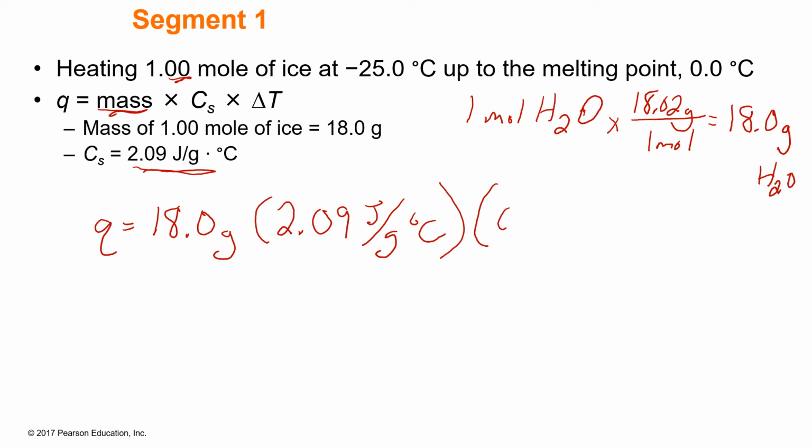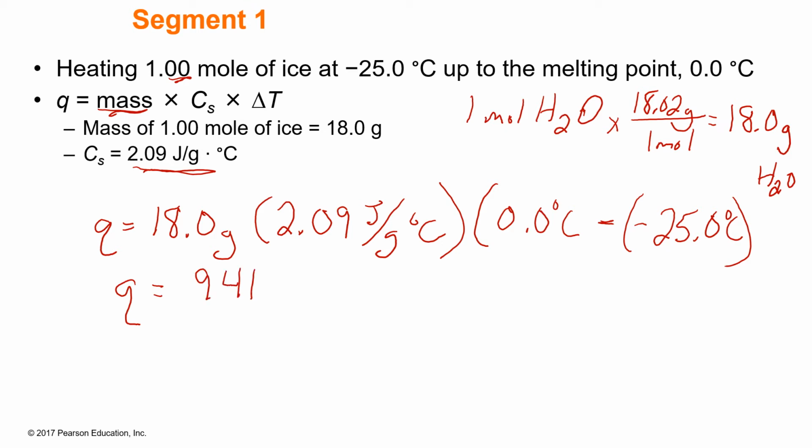Our final temperature is going to be 0 degrees Celsius, our melting point, minus our initial temperature, which is negative 25 degrees Celsius. So our heat is equal to 941 joules. Now, in order to compare all of these segments in the end, we're going to do a quick conversion, convert it to kilojoules.